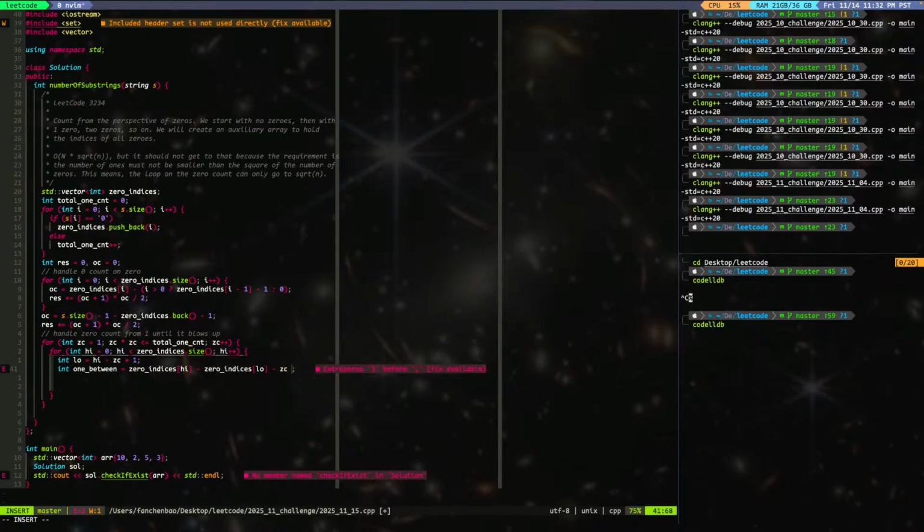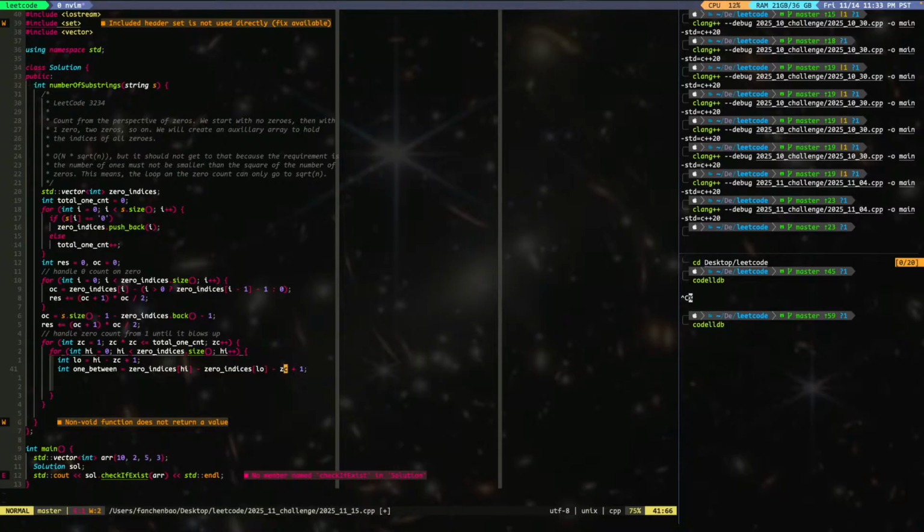That is the total in between. Case in point, if this is 1, right? Then the 1 in between will just be high minus low. Right? High minus low. I actually feel this is not right.